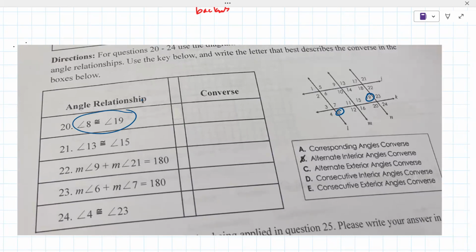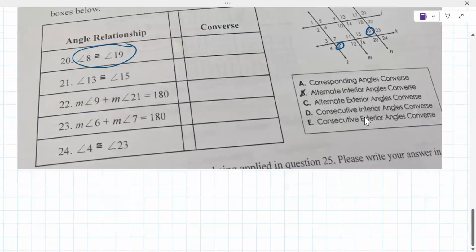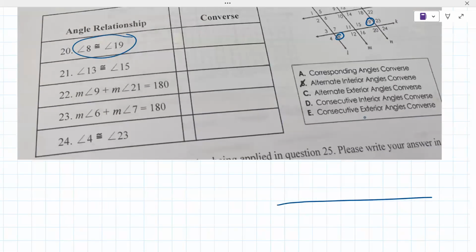So if those are congruent, I think what would really help is to cut away from all of this, because there's a lot of extra lines here. But if you could imagine, I'm going to try and do it down here, that here is L, here is N, this is 8, and this is 19.